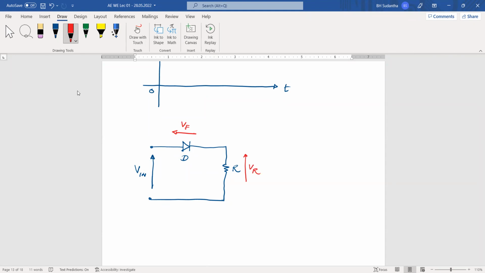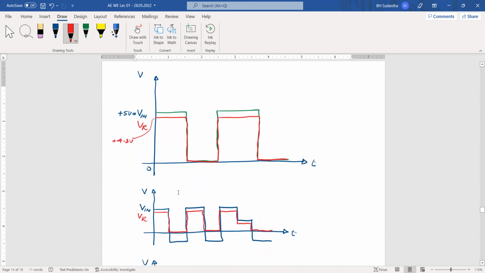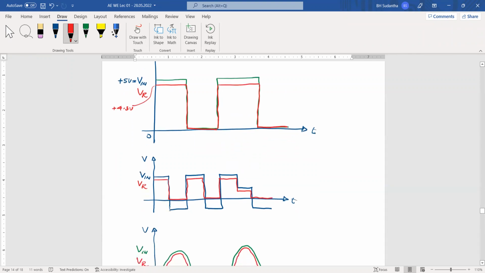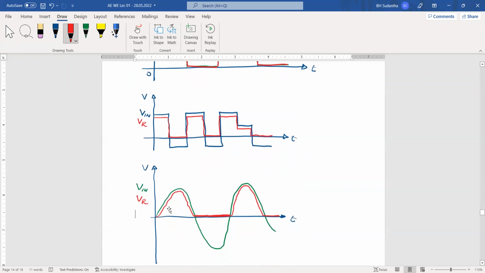You know that here Vin equals Vf plus Vr. Based on that, we can draw these waveforms. All these waveforms are a small amount less than the input voltage. If the input value is given, you can deduct 0.7 volts and draw the output voltage. If the values are not shown, you can decrease slightly by a small amount and draw the graph like this.